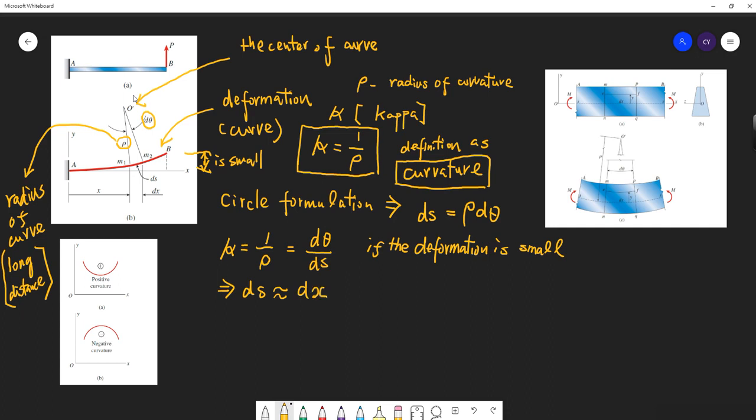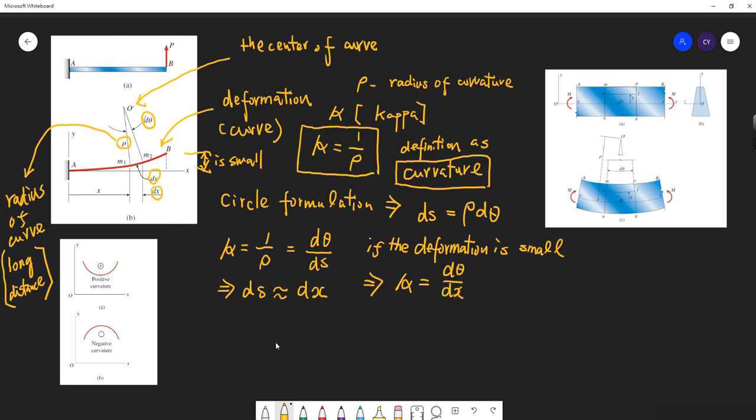These two values are almost the same. So finally we can get kappa equal to d theta divided by dx.